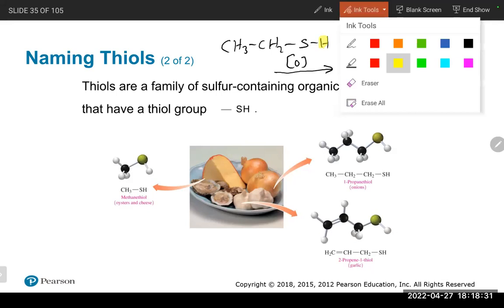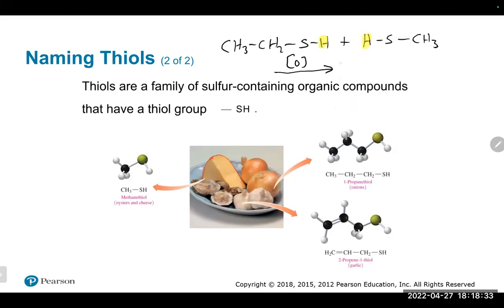And then what we do at the end of it is after the H2 comes off, we just squeeze them together. So you start drawing on the left-hand side there. On the left-hand side, I have a CH3, a CH2, and an S, which is what's in my first one. I'm going to skip the 2 hydrogens that I took out and just continue on to the other side, which means I have another S and a CH3.